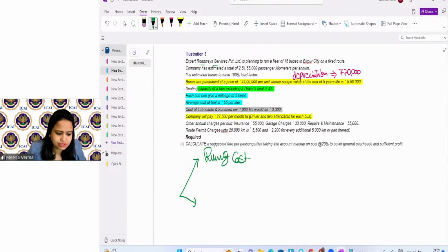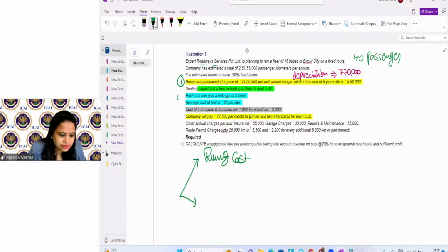Okay, let me find the cost again from the question. So from this line, I got the depreciation. And I know the sitting capacity is for 40 passengers. So there are only 40 passengers who are traveling, right?